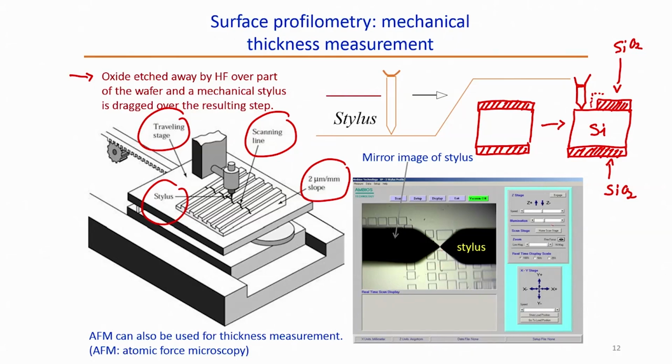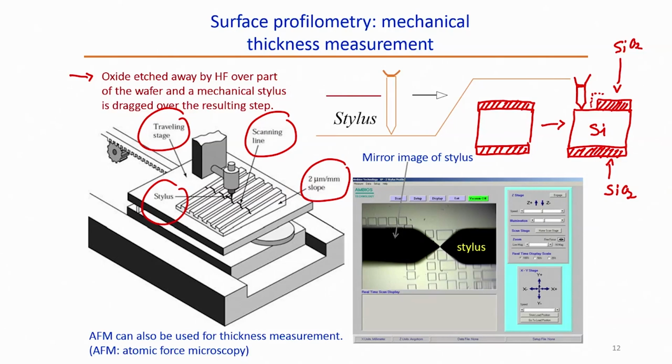We can change the speed of scanning, the z direction, illumination, scan stage, and zooming, whether you want the display at 100%, 50%, 25%, and you can calculate the thickness of the oxide.